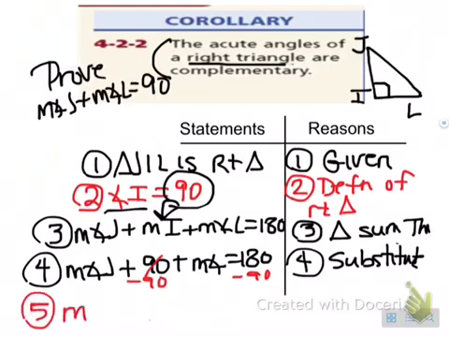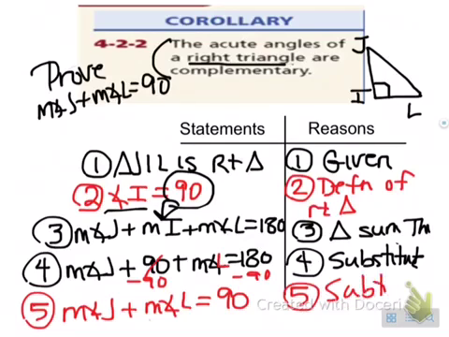So I could say the measure of angle J plus the measure of angle L equals 180 minus 90, which is 90. So I did that by subtracting. So here I wanted to prove that angle J plus L equals 90. In my last statement I did.